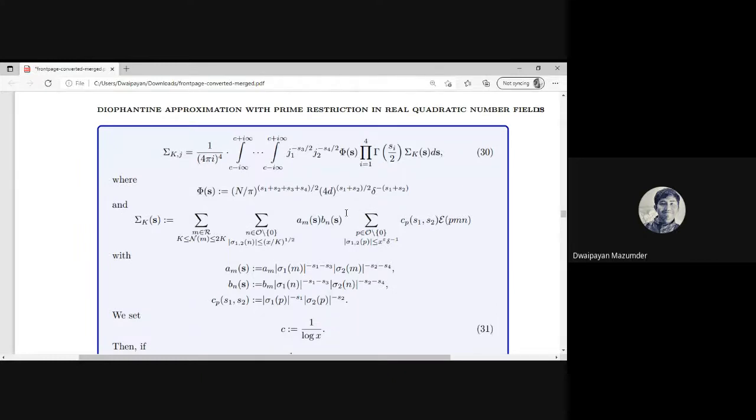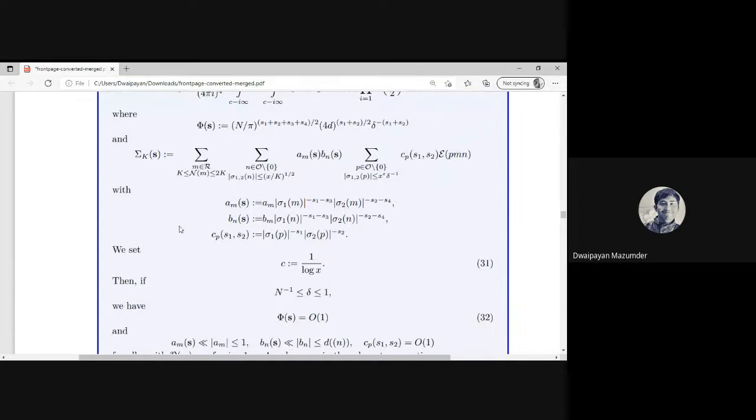And if you focus on sigma k's, we will consider this kind of bounds here, and c of 1 by log x inverse is less than or equal to delta this.